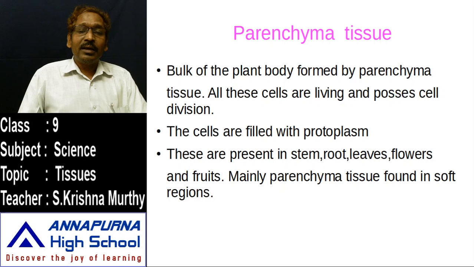Meristematic tissues show some cell division to get growth at specialized regions, and parenchyma tissues also show some cell division. What is meant by cell division? Whenever one cell is derived from a pre-existing cell to form a tissue, an organ or an organ system, that ability is present in parenchyma tissue as well as meristematic tissue.